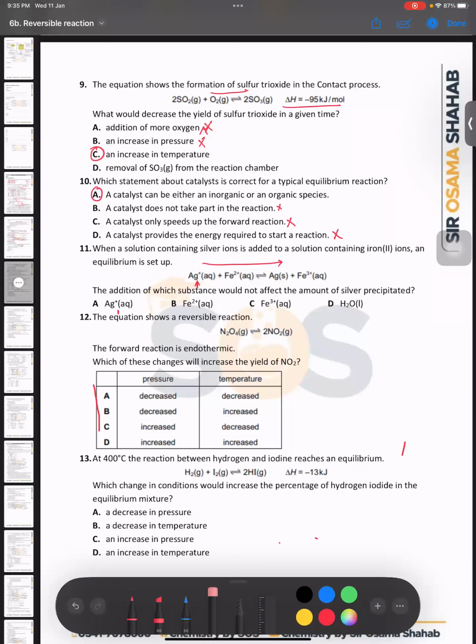If you increase iron 2, definitely it will shift the reaction towards the right hand side. If you increase iron 3, definitely it will shift the equilibrium backward. And if you increase water, there is no effect of increasing water over here. So the right answer will be D. Increasing water has no effect on the equilibrium. Right, everyone?